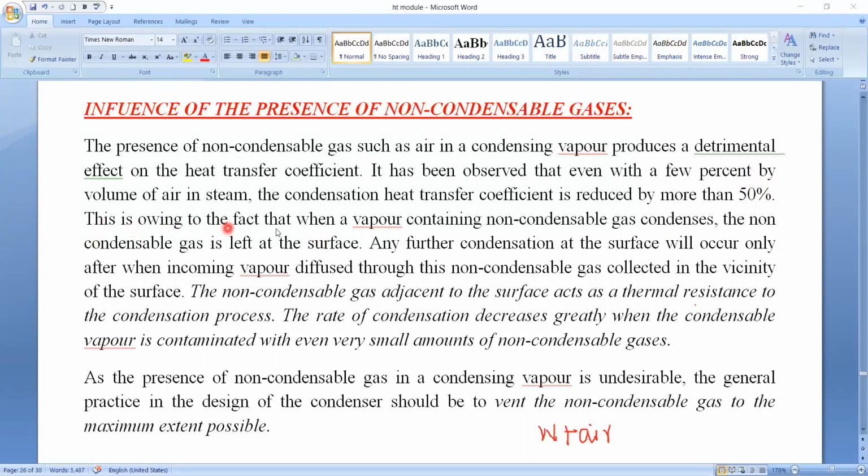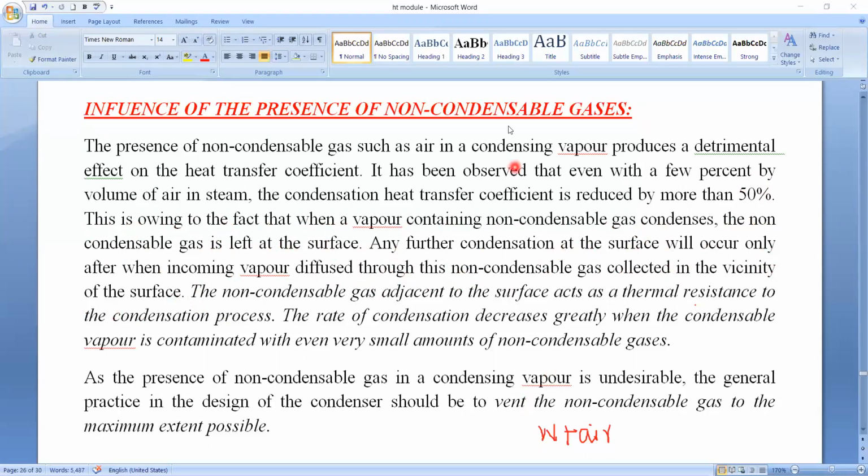This is owing to the fact that when a vapor containing non-condensable gases condenses, the non-condensable gas is left on the surface. Any further condensation at the surface will occur only after the incoming vapor has diffused through this non-condensable gas collected in the vicinity of the surface.